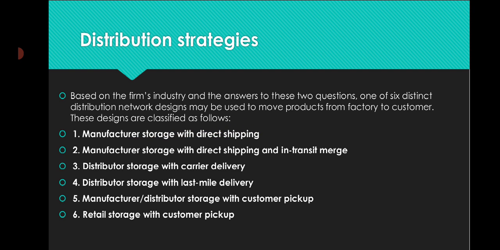Second, manufacturer storage with direct shipping and in-transit merge. Next is distributor storage with carrier delivery. Distributor storage with last mile delivery. Manufacturer or distributor storage with customer pickup. Retail storage with customer pickup. These are all the distribution strategies.